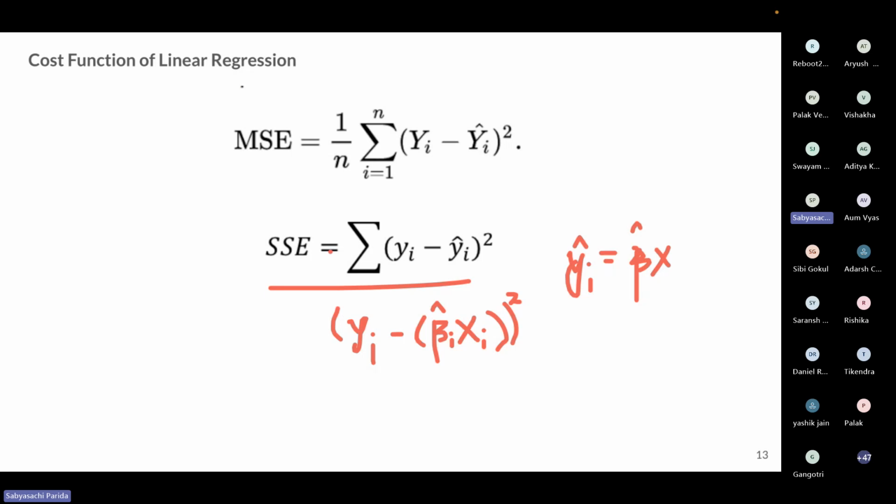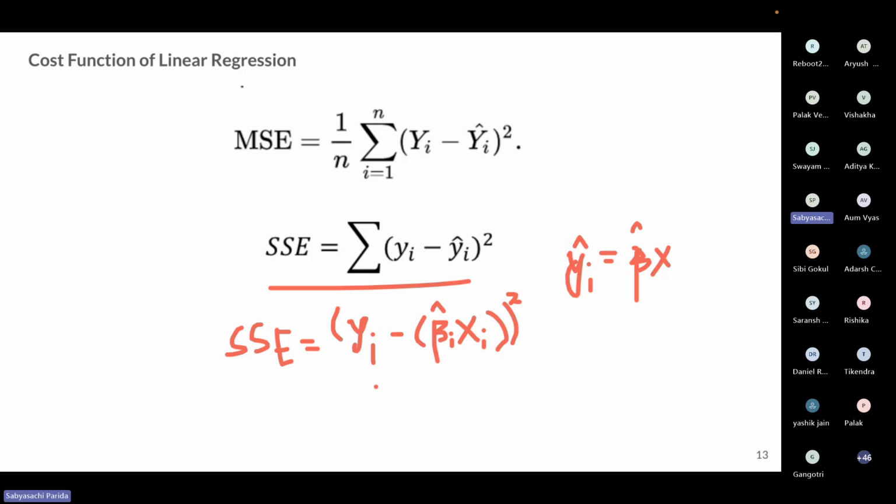And what is my target? Can anybody tell me what my target should be? Should my sum of square error be high or low? Yes, sir. So what should my sum of square error be? Ideally it should be low. I'm trying to minimize the sum of square errors, right?